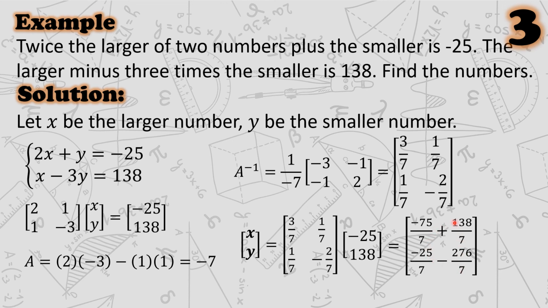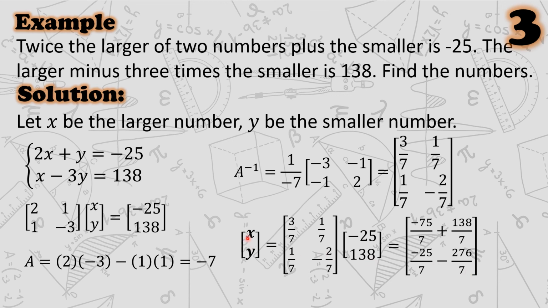Simplifying the elements of this column matrix, that is the solution to x and y, we have negative 75 plus 138 is equal to 63 divided by 7, that is equal to 9. In the other element, negative 25 minus 276, that is negative 301, divided by 7, that is negative 43.